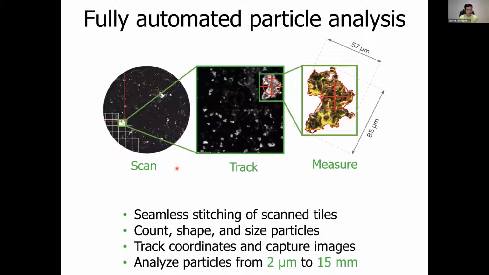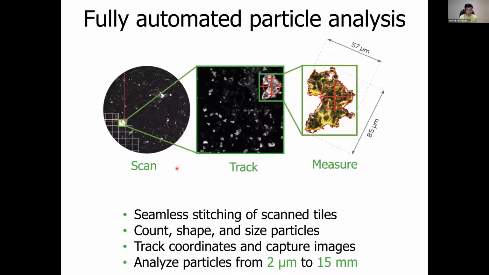Hound is able to collect many different images all right next to each other, and then it will seamlessly stitch all of these images together and create one large image, which we refer to as a mosaic image, to detect as many particles as possible and analyze everything about those particles in terms of size, shape, and number of particles.